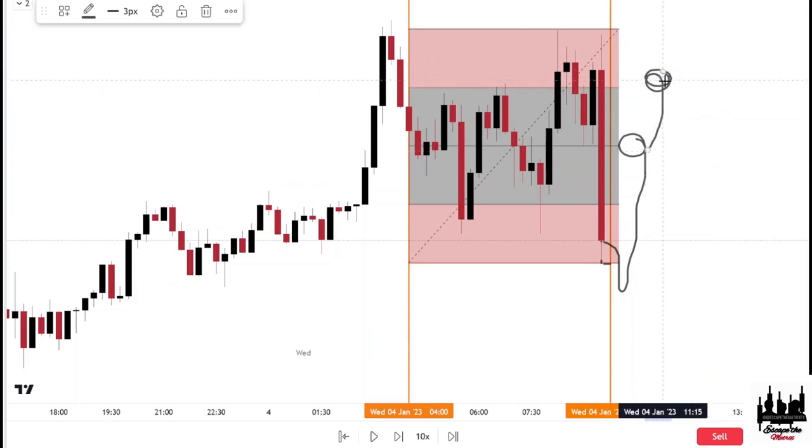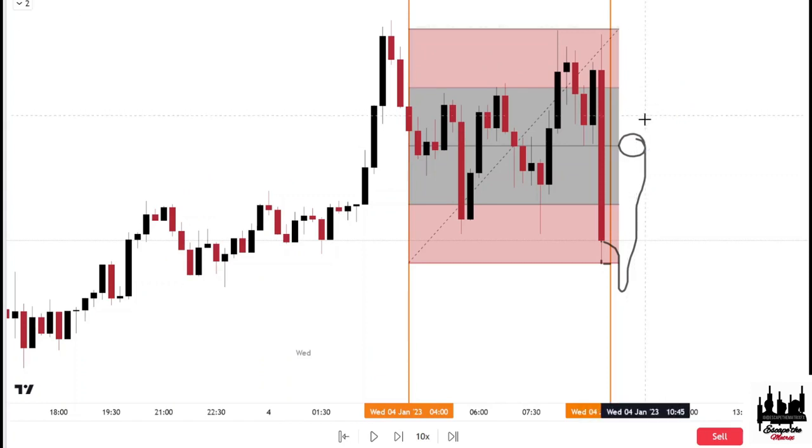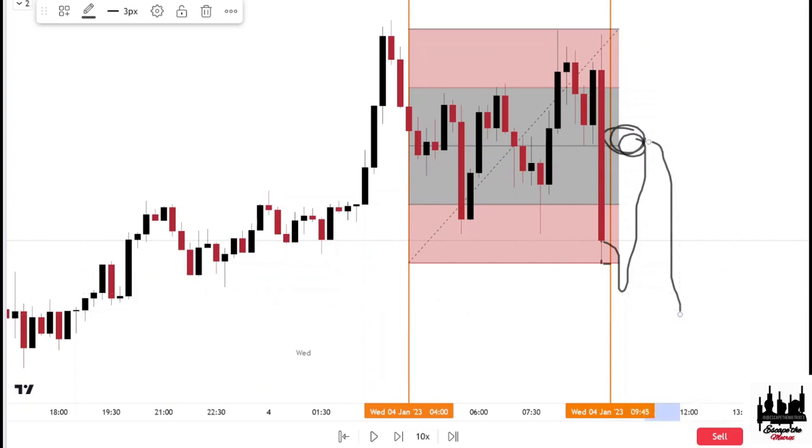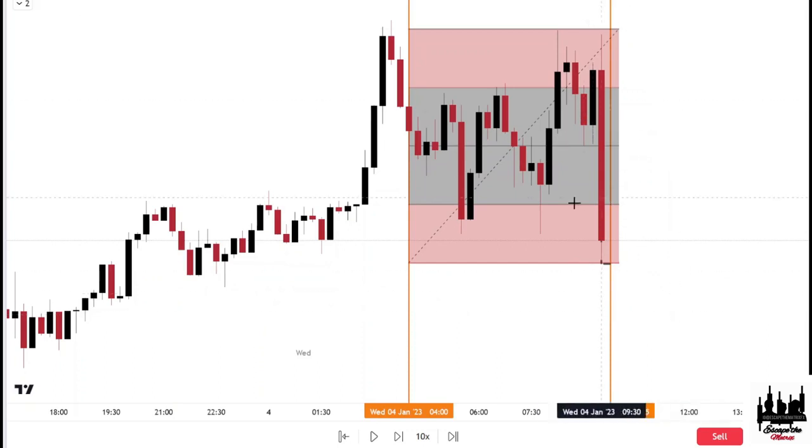And like we said earlier in our previous videos, it's best to sell off at premium. But what I realized after backtesting and trading for so long, specifically this strategy when it comes to NASDAQ, price rarely reaches for premium levels. It will usually reach for the fair pricing, rebalance itself, and sell off after here. So what we're going to look for is a breakout and a retracement to the 50%.